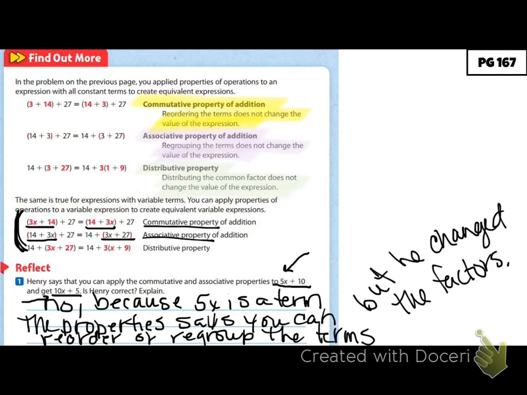Okay, so you can't move where the variable is as far as what number it is attached to. If the variable is attached to the 5, it has to stay with the 5.